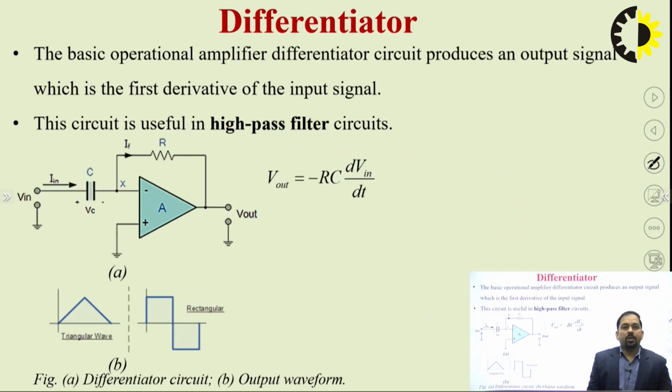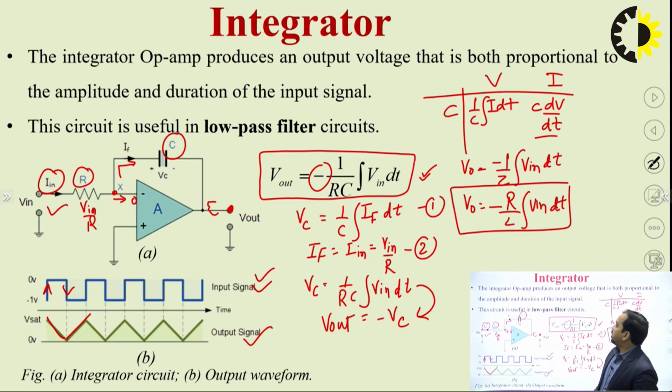Now, let me give a further application of the integrator: the low pass filter. It has some cutoff frequency, and signals below this cutoff frequency will be passed by these types of circuits. Those circuits are known as low pass filters.